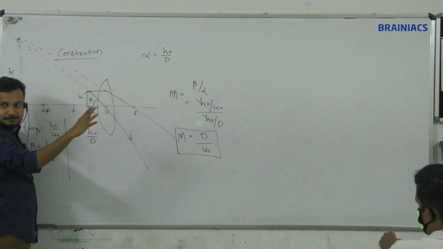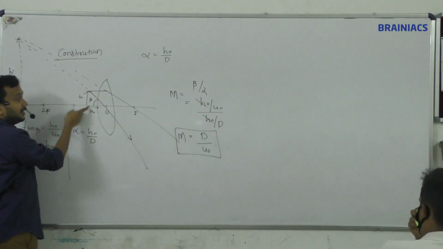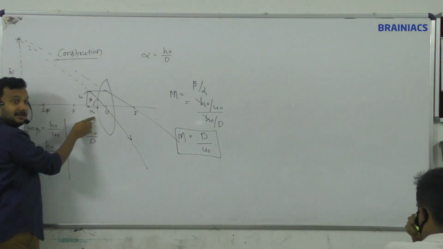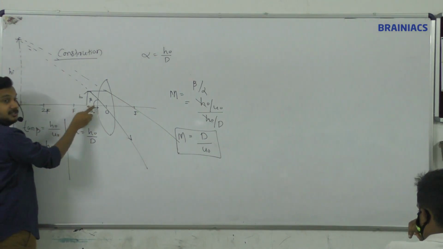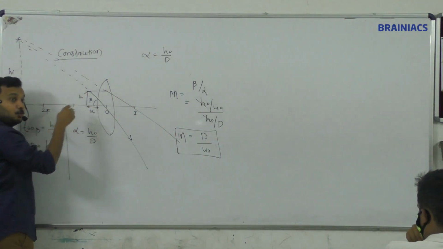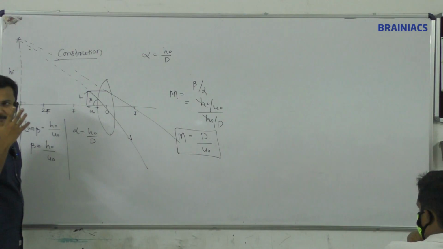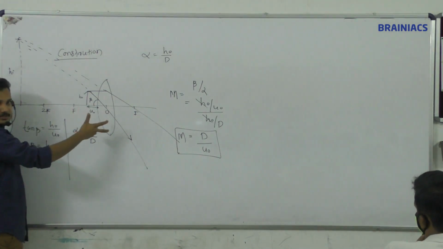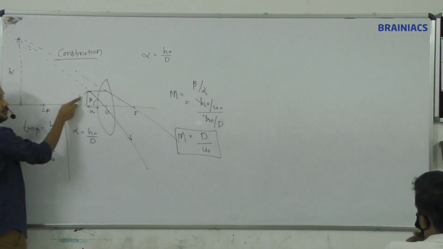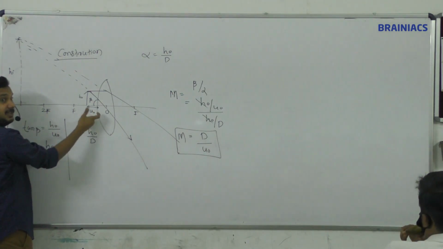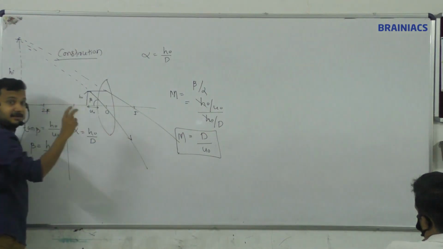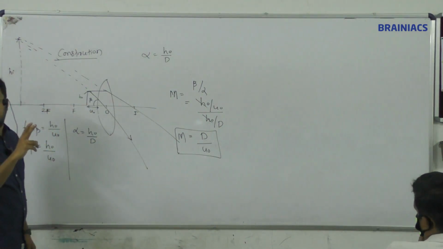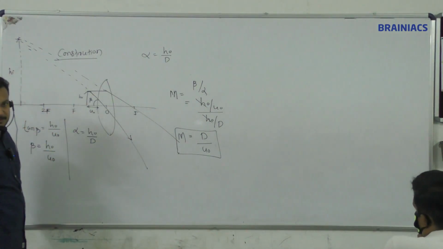Nobody can change it. But to get a clear image, the object distance has to change. So who will change? My eye will not change, but the lens will change. So for an image it is H0 by u0, because u0 is a varying quantity, but for an eye it is H0 by D. D is a fixed quantity. That's the difference. Understood?